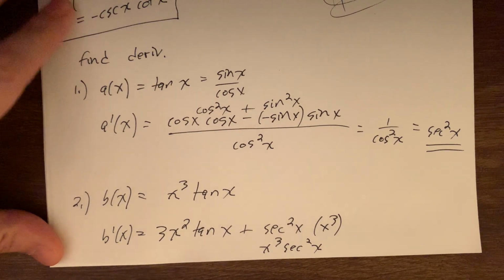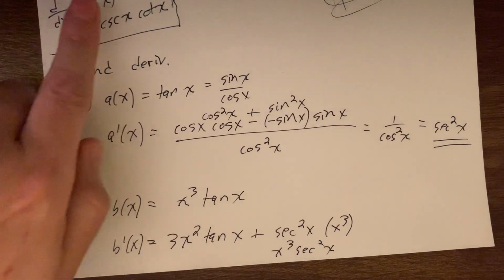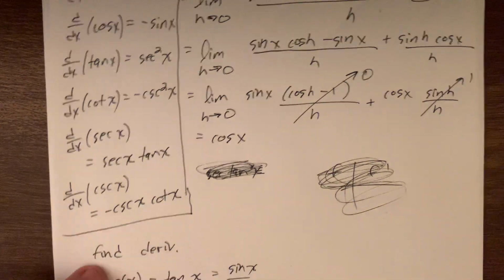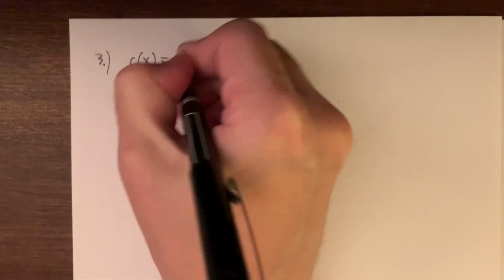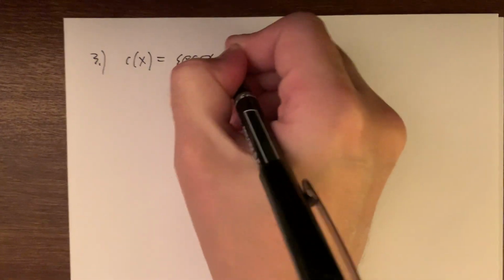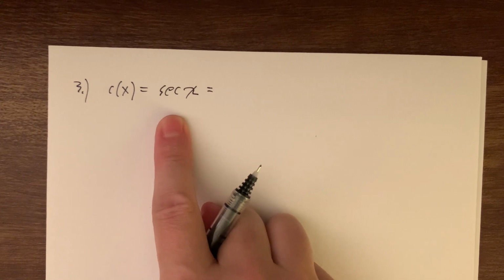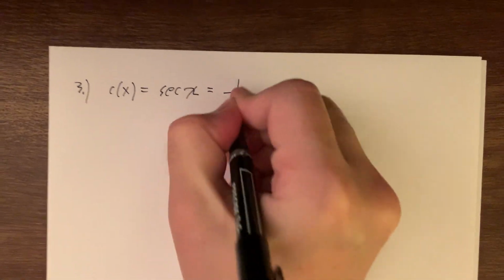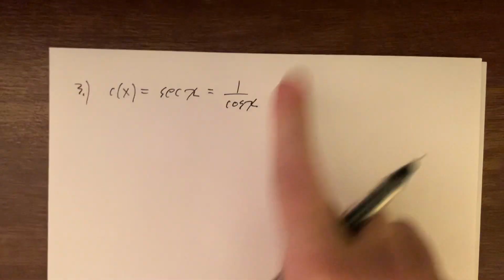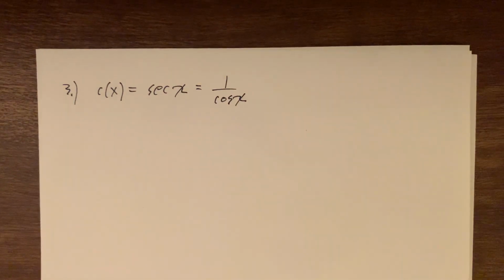I want to show you quickly the same thing if you want to prove the derivative of secant. So let's look at number 3. C of x is secant x, but pretending I don't already know that the derivative is secant tangent, I can rewrite its original function as 1 over cosine.